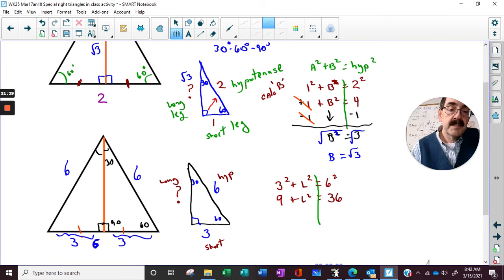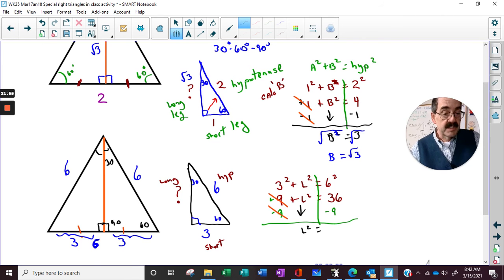Your algebra piece, the opposite of a plus is a minus. We're happy because the 9's go away. We're happy because we have the long leg squared. We still got an equals. 36 minus 9 is 27.